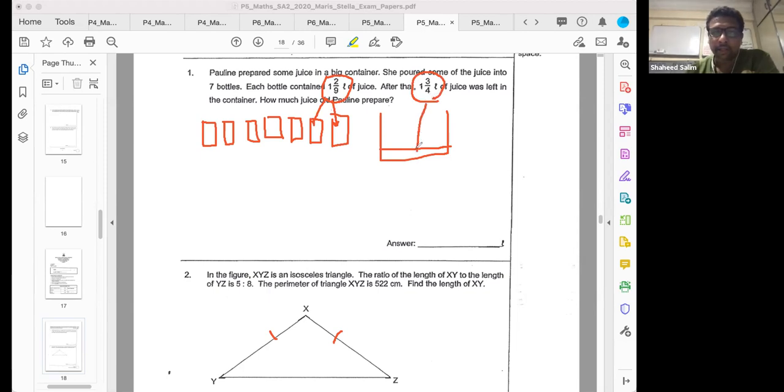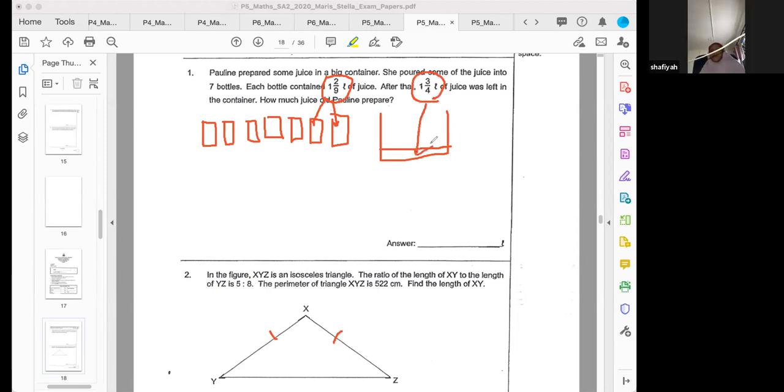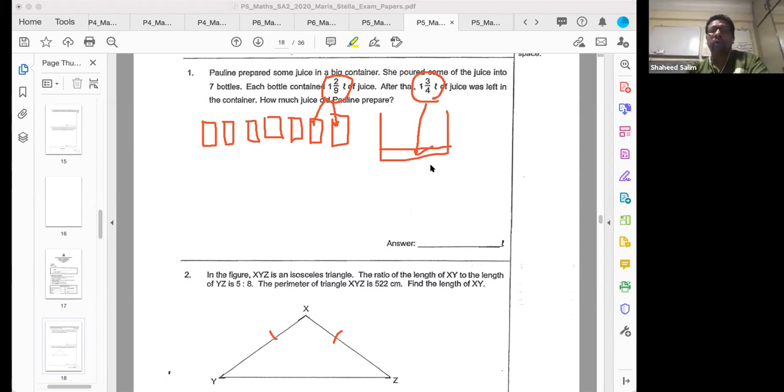Okay, but yours is in decimal. Can you leave it as a fraction? Okay, let me check whether a decimal is okay.